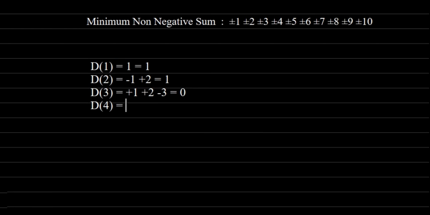So we have the numbers 1, 2, 3, 4. If we have a plus sign here, minus here, minus here, plus here: 4 plus 1, 5, minus 2, minus 3, again minus 5, where the sum comes down to 0. So here again the value is 0.